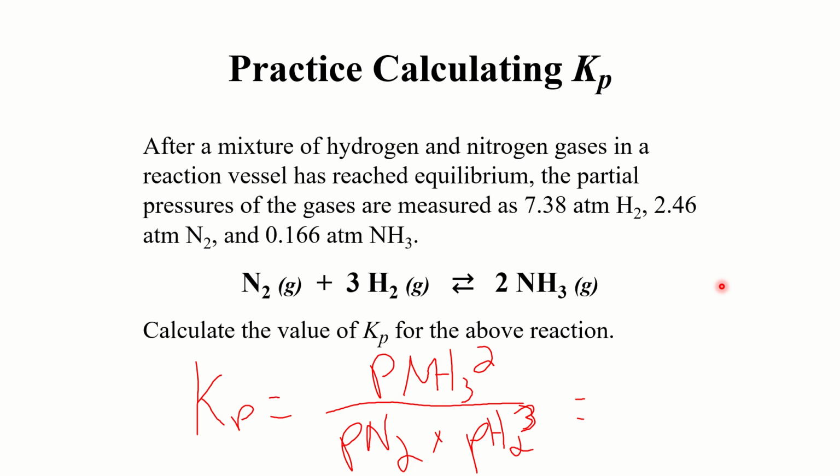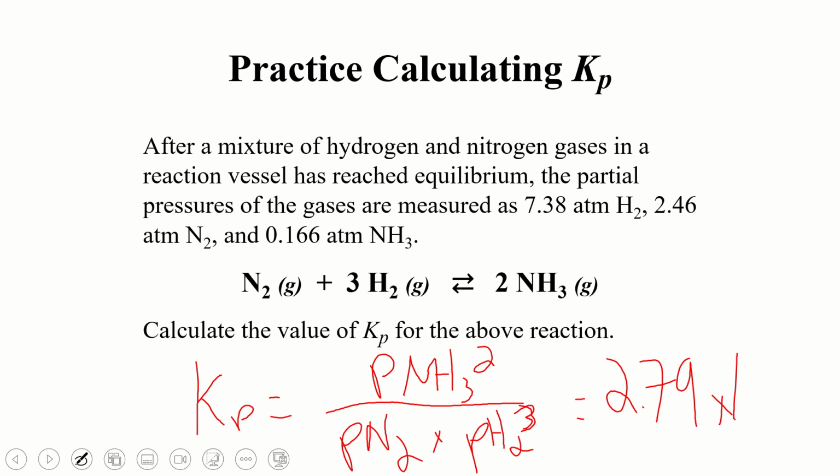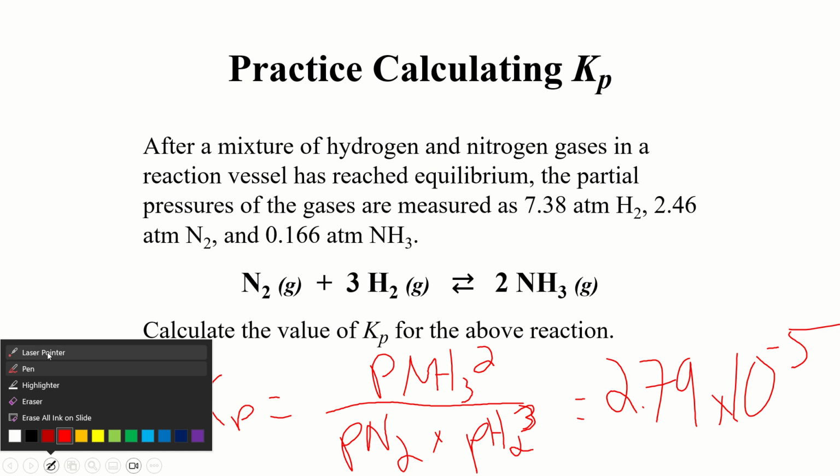It's going to be a pretty small number. I get something around 2.79 times 10 to the negative fifth. Let me write that one out. I got 2.79 times 10 to the negative fifth is my final answer here.